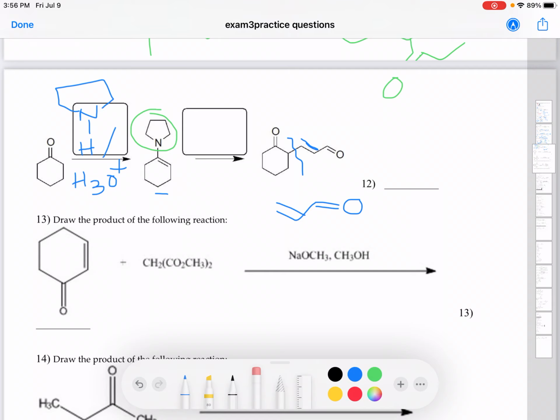The lone pair of the nitrogen forms a carbon nitrogen double bond. So the double bond here is going to react with the double bond. This is like a 1,4 addition, a Michael addition. So this will give you the molecule like this.